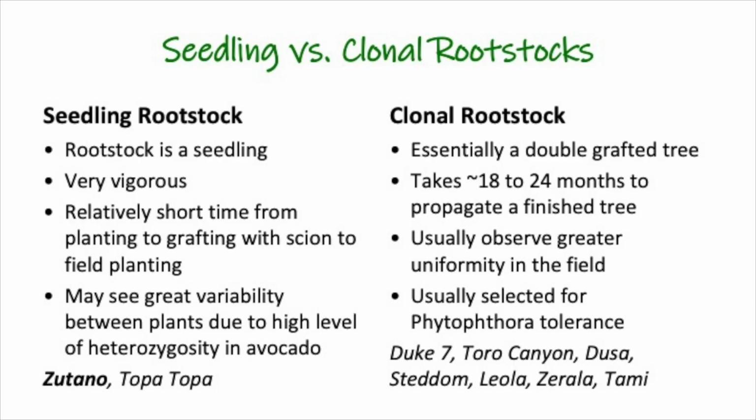And the basis of going to clonal rootstocks was grounded in this search for Phytophthora-tolerant rootstocks, because Phytophthora cinnamomi is a lethal disease to an avocado tree. So this is what drove the development of clonal rootstocks. It was a search for something that we could use that was tolerant to Phytophthora.